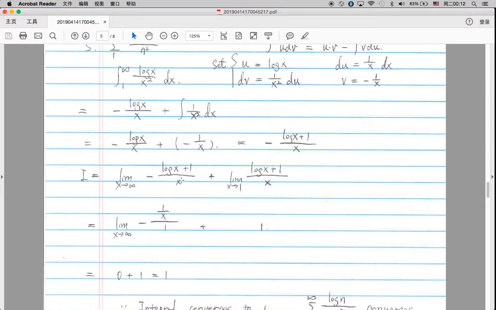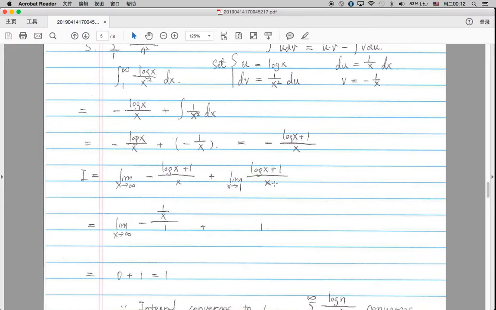So this term becomes 0, because we divided x into both numerator and denominator, and this becomes log x over x plus 1 over x, all over 1, which goes to 0 as x approaches infinity.